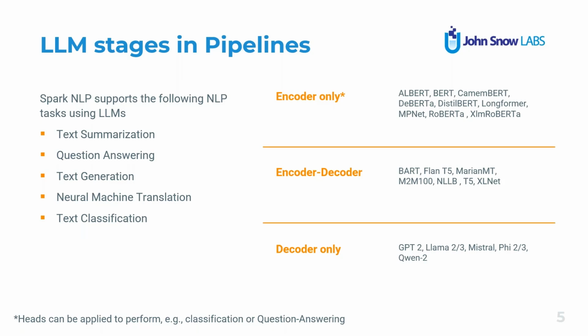Then we have the encoder-decoder architecture that will first encode the input into a vector representation of it, and then use the decoder to perform something else. So it can perform summarization, or question answering, or generate text, and so on.